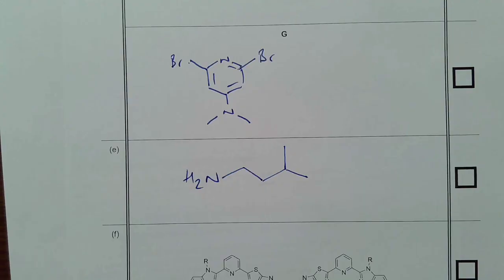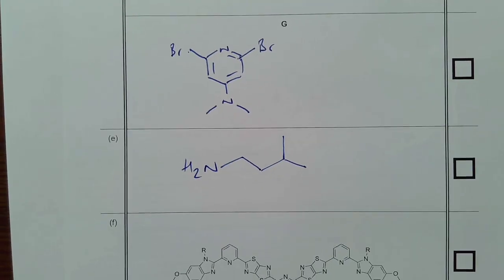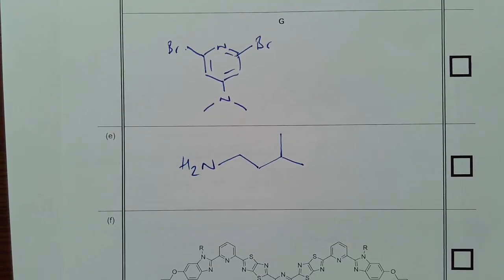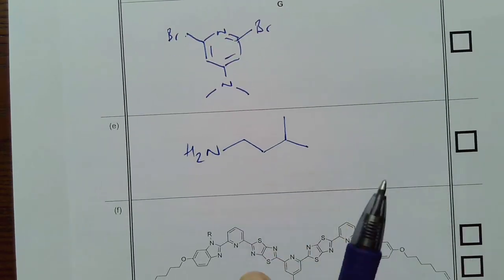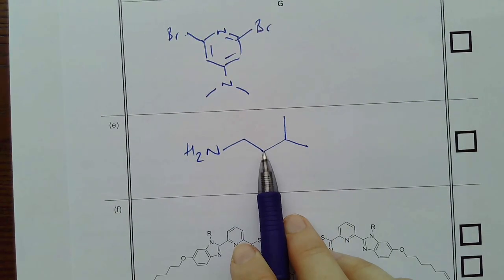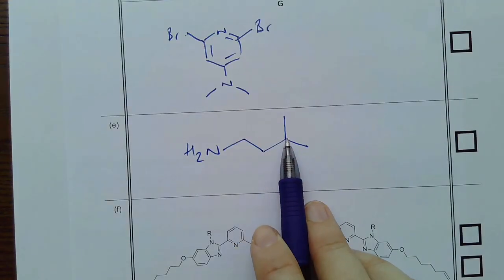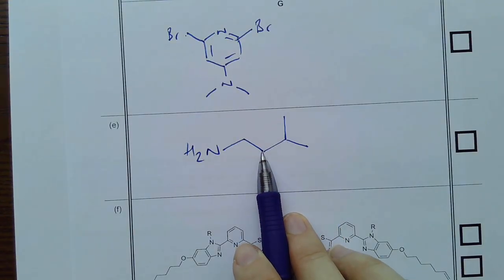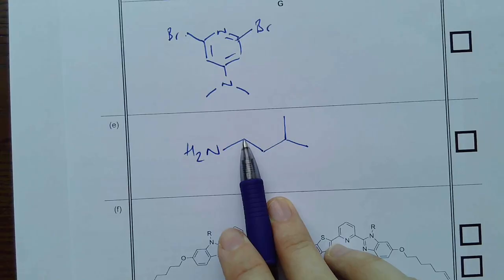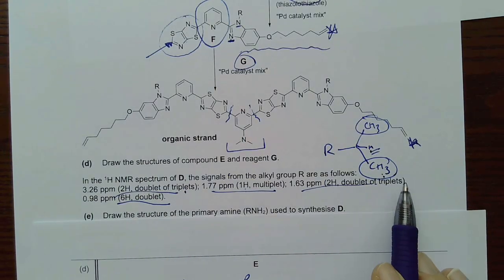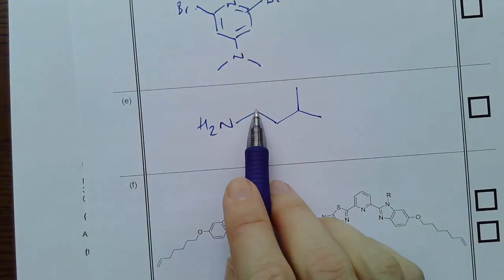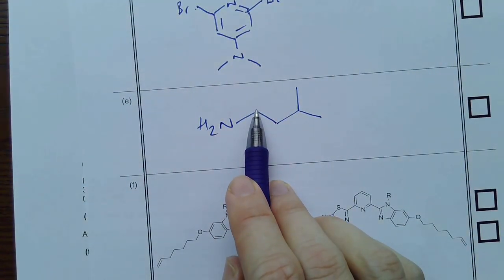Yeah. Okay. I'm just thinking now. This would be a doublet of triplets. Doublet from this hydrogen. Triplet from these 2. And then but I've got doublet of triplets, which means that this must also be a doublet of triplets.